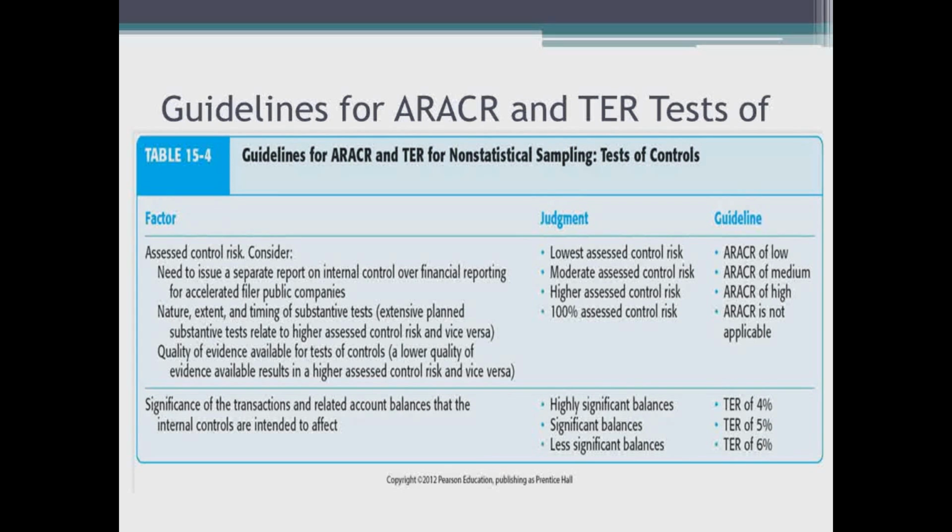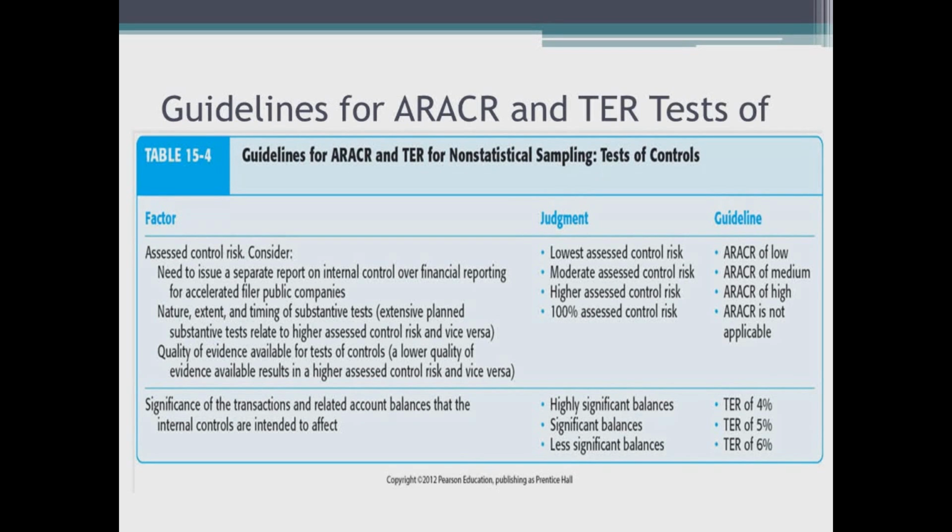Moderate, you'll see medium ARCR. Higher, then you'll see high ARCR, right? If you have 100% control risk, meaning you can't rely on the controls, and this is not possible, then you're not going to have any acceptable risk, because you know you can't rely on internal control.